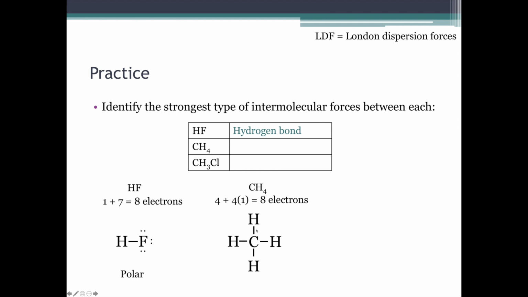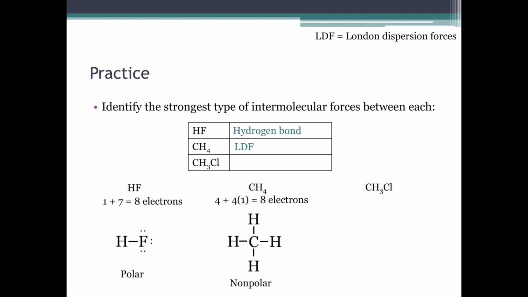Now each of these hydrogens is happy with its duet, and looking at carbon, it's got 2, 4, 6, 8 electrons around it, meets the total number, this is my structure. This is a symmetrical molecule in all directions, all the same hydrogens. So this means that this is a nonpolar molecule. Now, if it's nonpolar, the only possible intermolecular force it can experience is London dispersion forces, LDFs.